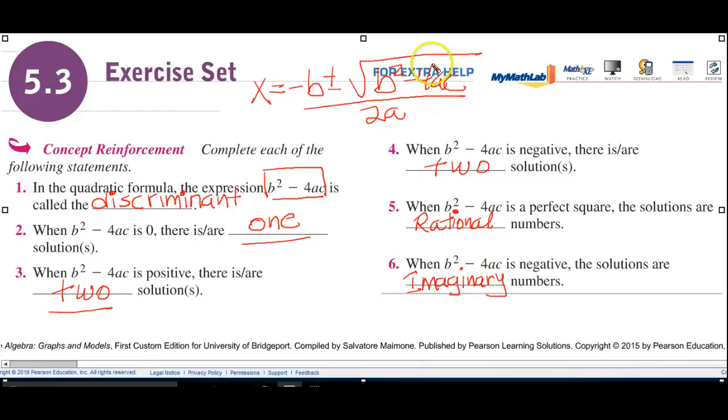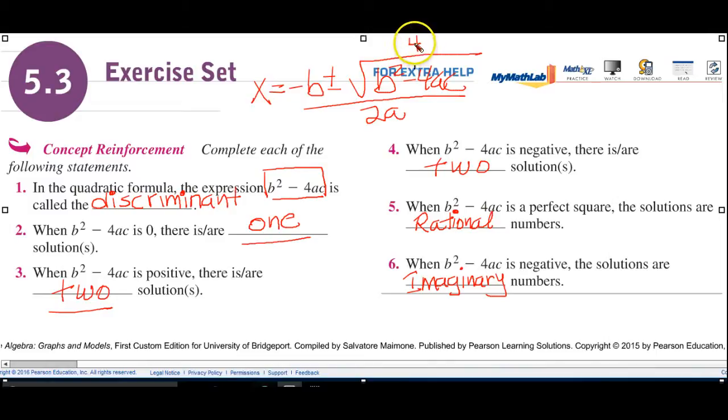But if this discriminant is a perfect square, such as the square root of 4 or the square root of 9 or 16 or 25, then the numbers that we get out of here are not going to be irrational, even though there's a radical sign there.